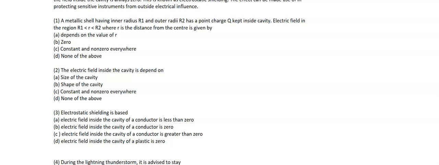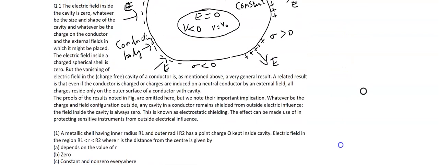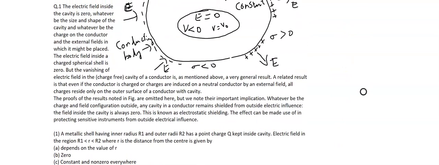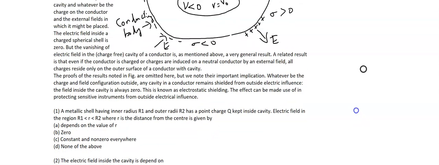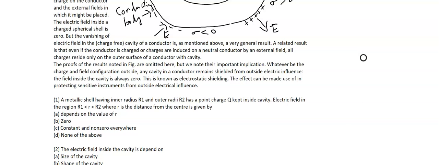So basically the diagram goes this way. Now from the paragraph it is clear that the electric field inside the cavity is zero. So option D is the correct answer.